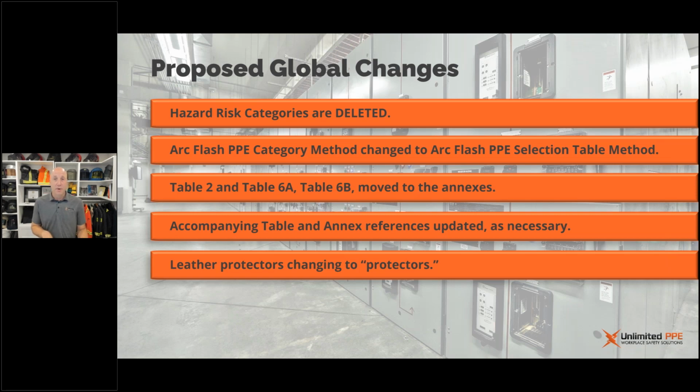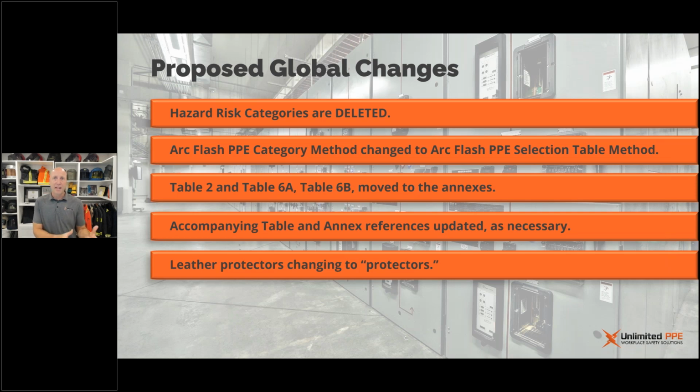There are subsequent tables, so table 2, which has to do with the likelihood of occurrence as part of your risk assessment. If you're knowledgeable of risk and how it applies to electrical safety, it's a combination of likelihood of occurrence and the severity of bodily harm for the individual, for the worker.